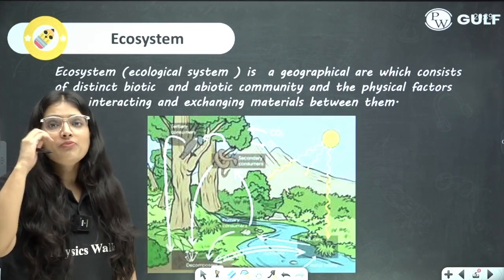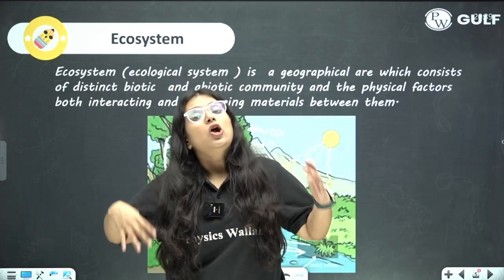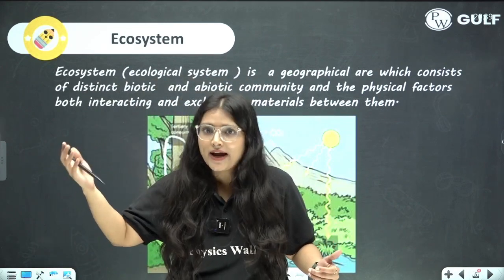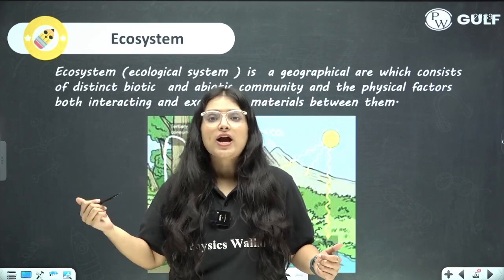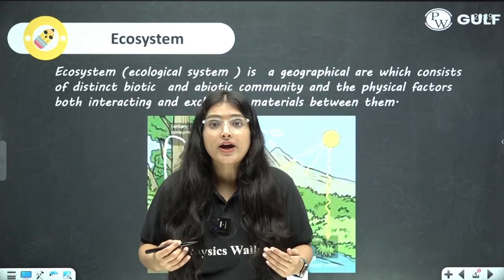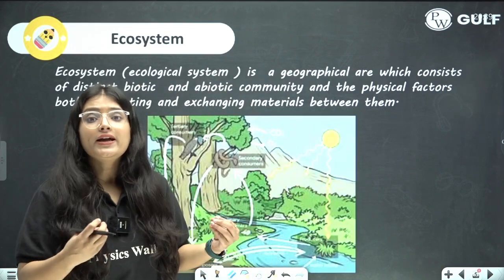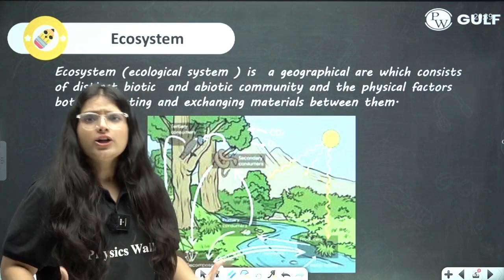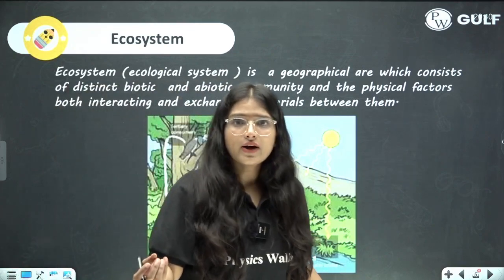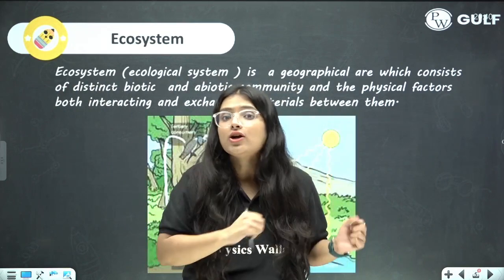Now let's talk about us humans. We need a lot of non-living things, abiotic components, such as air to live. We need water to drink and for the basic metabolic activities going on in our body. In fact, the majority of our body is made up of water, right? But then how do these abiotic components need the living components?